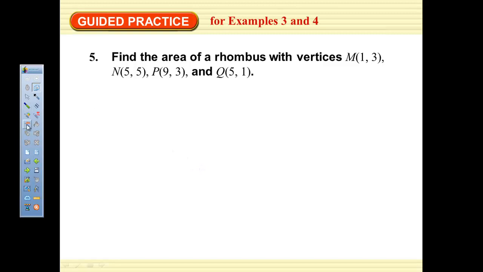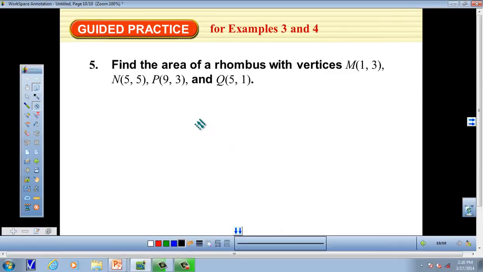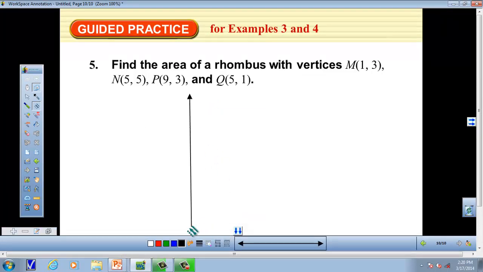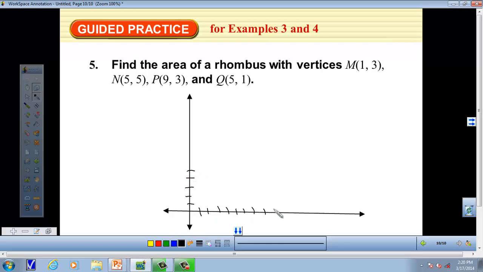Here's another one. We're probably going to want to draw a picture of this, so I'll see what I can do real quick. If they give you one like this. Let's see. So we got 1, 2, 3, 4, 5. And 1, 2, 3, 4, 5, 6, 7, 8, 9. We've got 1, 3 here.